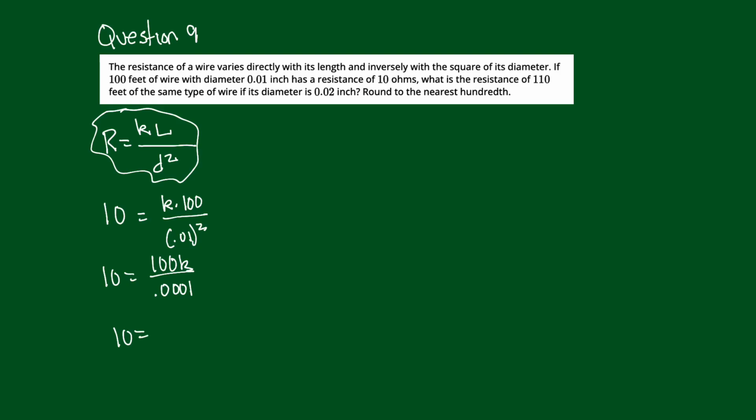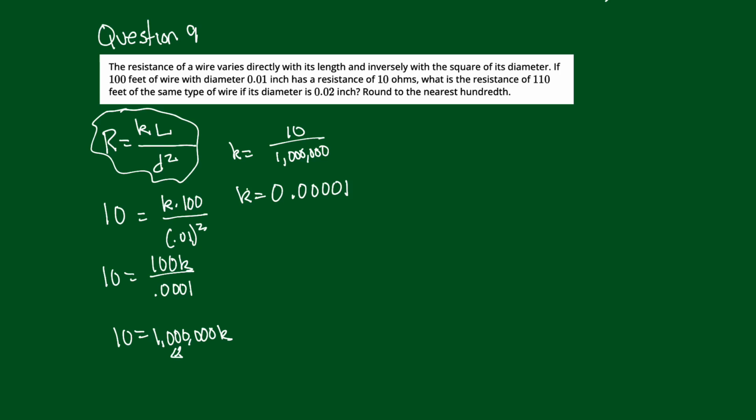So 10 is equal to 1 million K. And I can get K if I just divide that. So K is going to be 10 divided by a million. So K is equal to 0.0000, and I think we're going to get a 1 here.